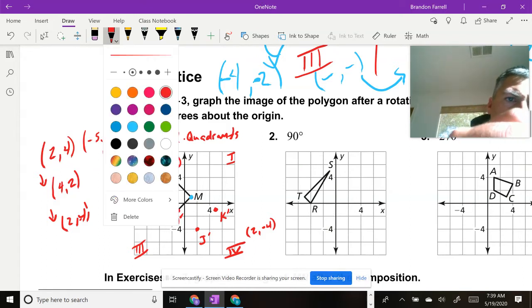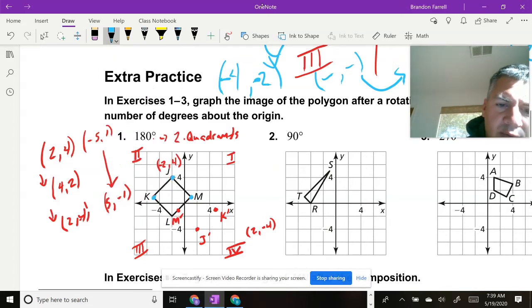So then we go to the value of L, and L is going to be -2, -2. And that's going to move 2 quadrants from quadrant 3 to quadrant 1.